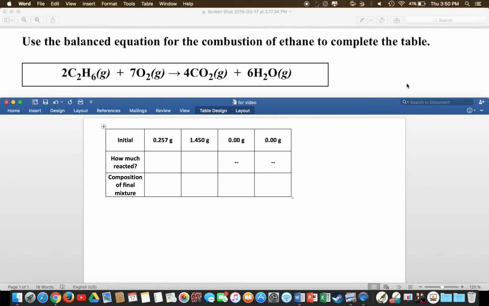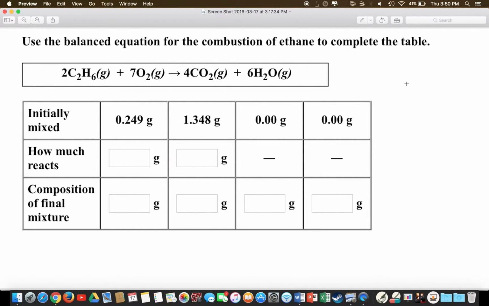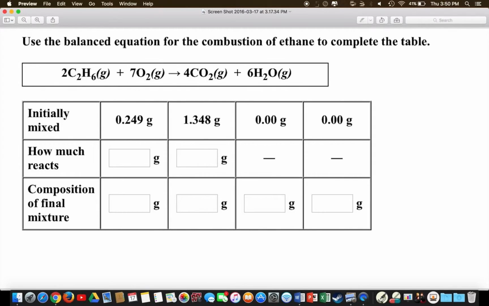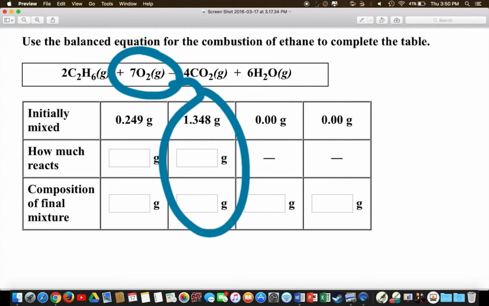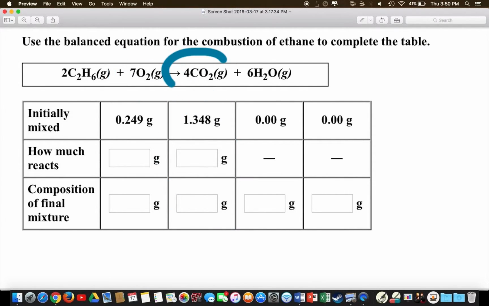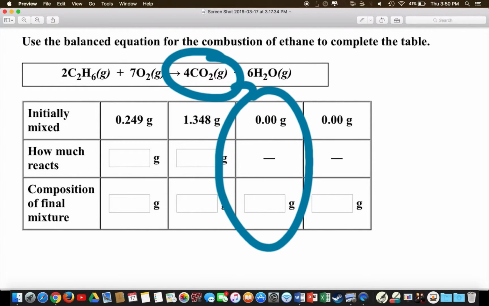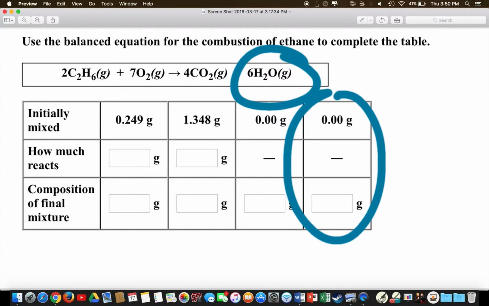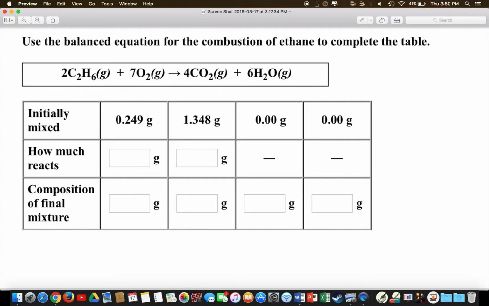Simple as that. So if you haven't figured out already, the biggest thing that I want you guys to know is that this compound is for this column, and this compound is for this column. It kind of makes sense too, right?